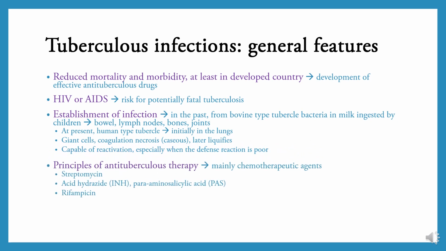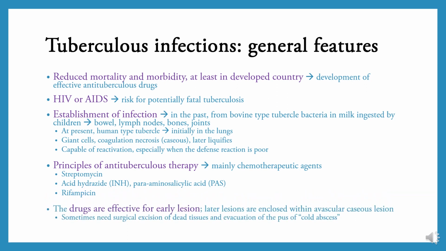Principles of anti-tuberculous therapy mainly involve chemotherapeutic agents such as streptomycin, INH, PAS, and rifampicin. The drugs are effective for early lesions. Later lesions are enclosed within an avascular caseous lesion and sometimes need surgical excision of dead tissue and evacuation of the pus of cold abscess.